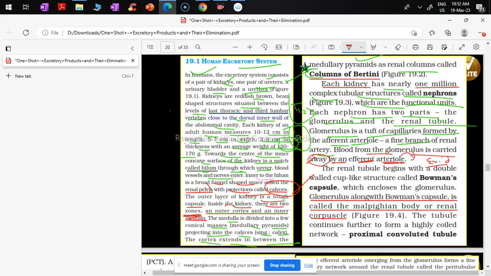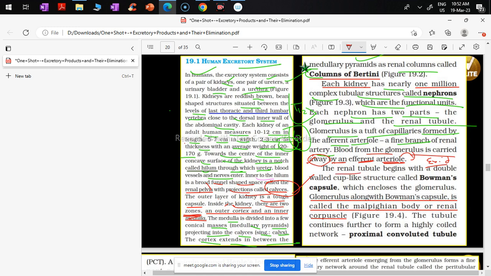There is a smaller artery which is carrying away blood, that is the efferent arteriole, and there is one which is bringing the blood, that is the afferent. The blood from the glomerulus is carried away by the efferent arteriole.